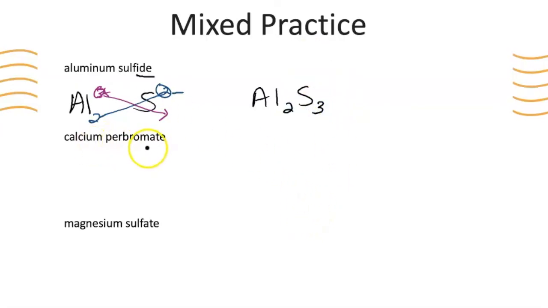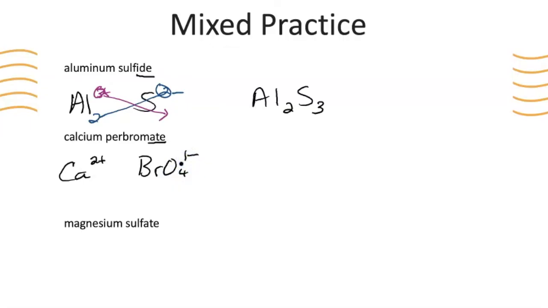Calcium perbromate. ATE, anytime you see an ATE or an ITE, that's a clear indication that you probably want to go and look at your polyatomic ion sheet. So in this case, calcium, group 2 plus, and perbromate is BrO4 negative.